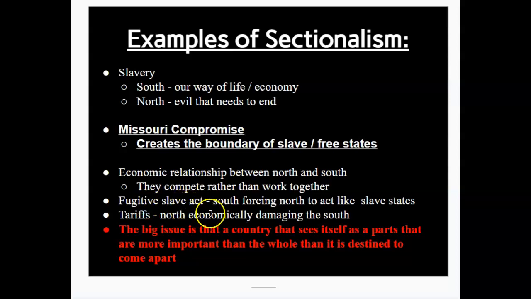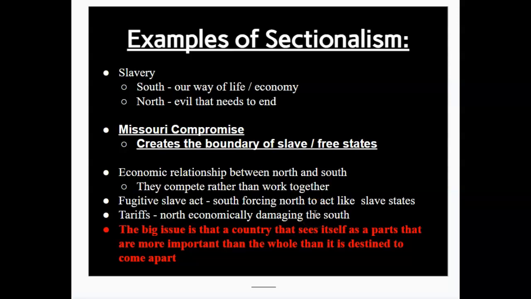And then tariffs. The North is only seeing what they can do with those tariffs, that is, blocking the economic ability of the South to compete with the North. They're not seeing economic damage to the South. They're not seeing it from the South's perspective.